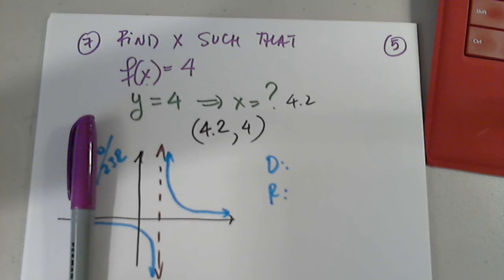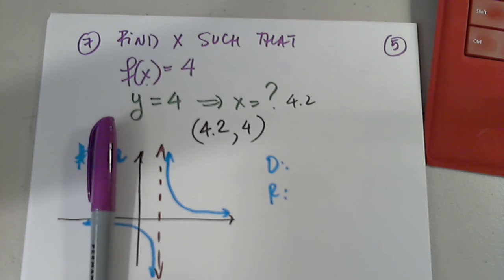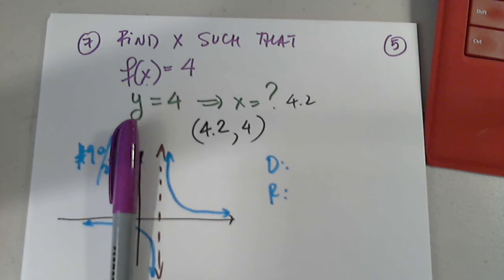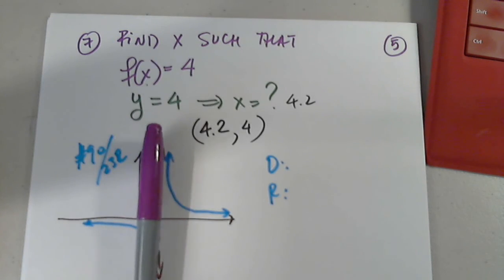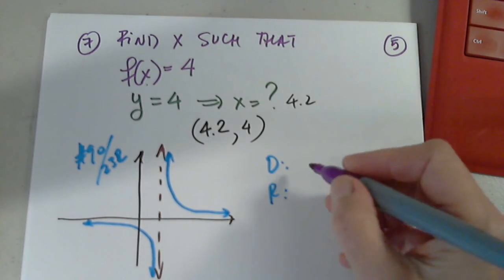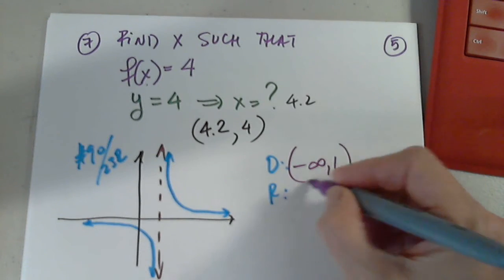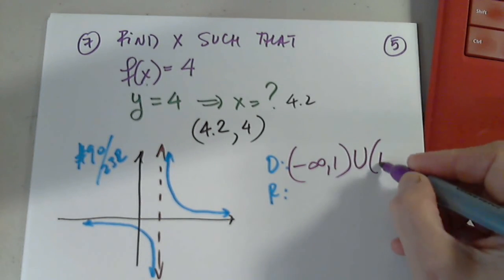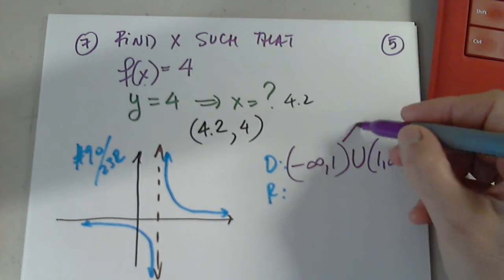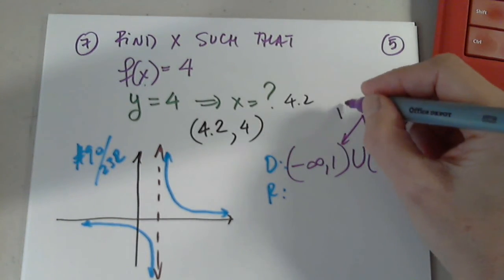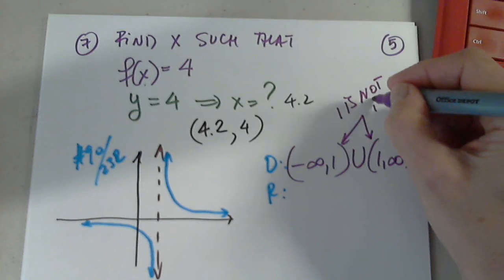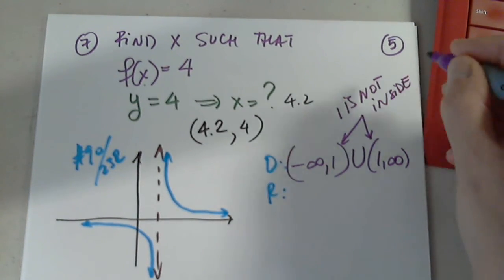Yes. Where will you say no? Right at that vertical line. Exactly. So I will say negative infinity to 1, union, 1 to infinity. The parentheses signify 1 is not inside, either one.